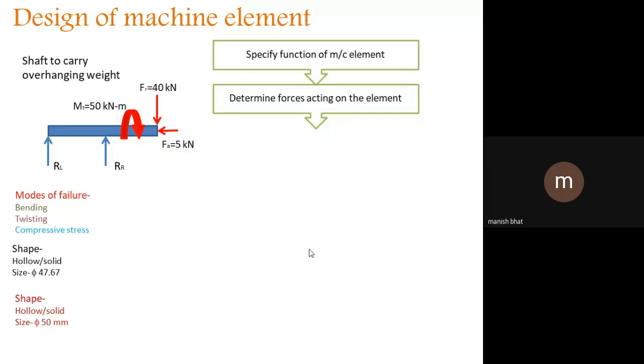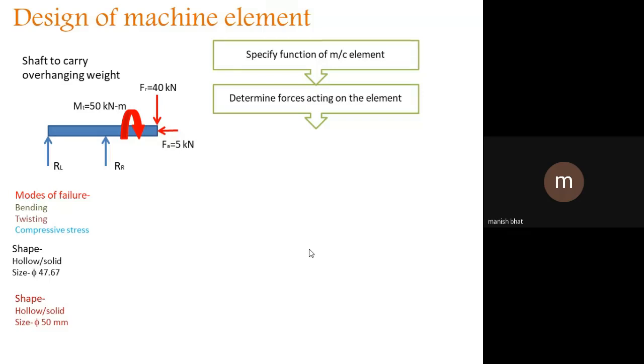See, when we are saying determining the forces, number one, we have to locate the force. We have to understand where that force is acting. So FR and FA are the forces acting radially and axially. So we should be in a position to tell the type of the force, the direction of the force.